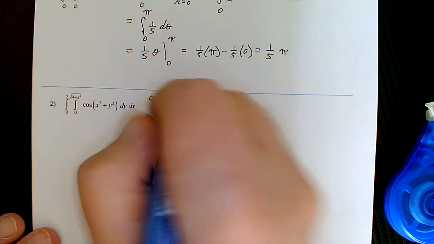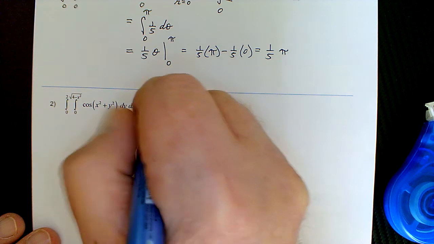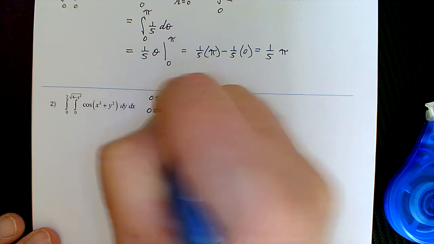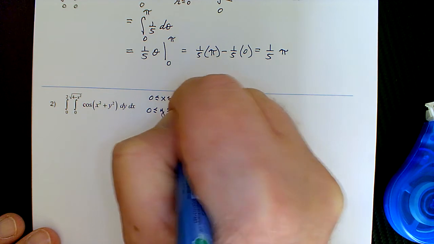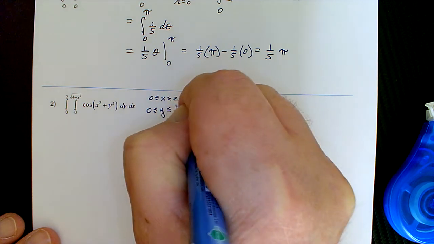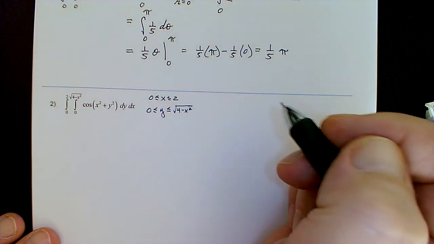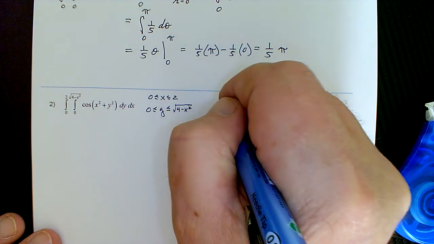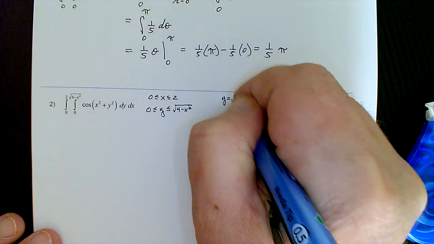Inner limits are with respect to y, so I go from 0 to the square root of 4 minus x squared. Get used to seeing square root of some number minus x squared or some number minus y squared. That's basically a circle.